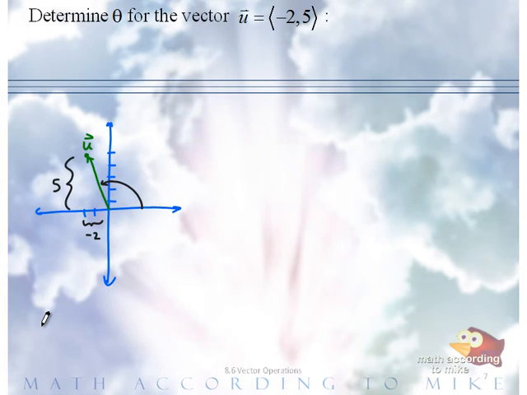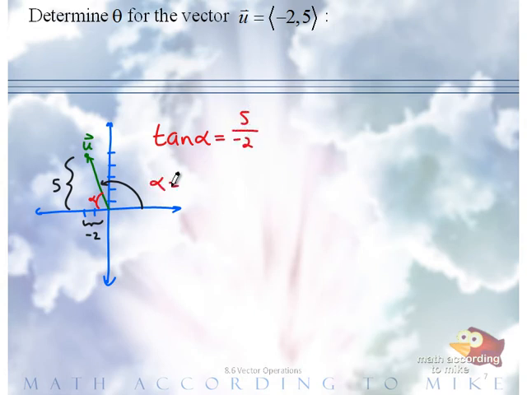Okay, so if we do a tangent inverse, this right here would be the reference angle. So if we said tangent of alpha would be what over what? 5 over -2.